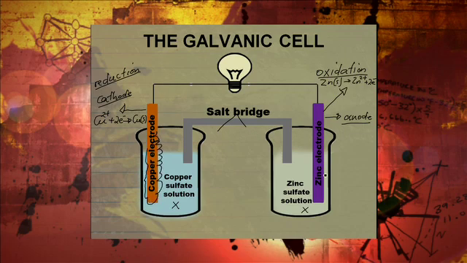On the other side, zinc is losing electrons, and zinc 2+ ions are getting into solution as atoms of zinc lose electrons. What do you think will be happening here with zinc? The zinc plate or the electrode will be eroded. It will become smaller and smaller as time goes on. So it will lose mass. So there will be loss of mass there.